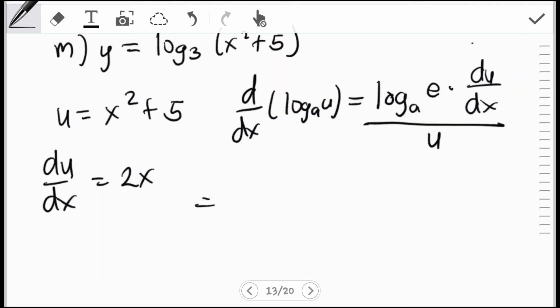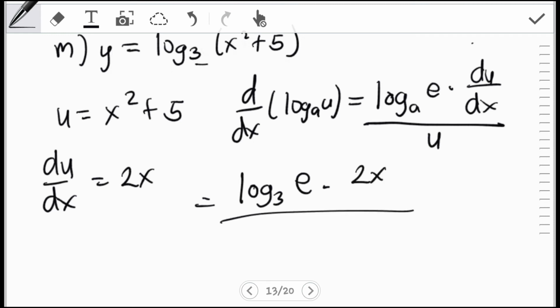So take note, a is the base, that is equivalent to 3. So log base 3 of e, where du over dx is 2x, over u, which is x squared plus 5.